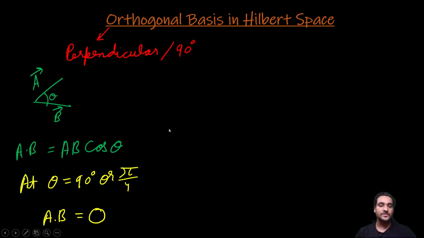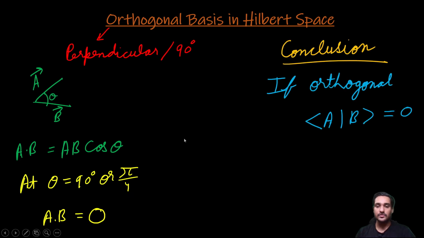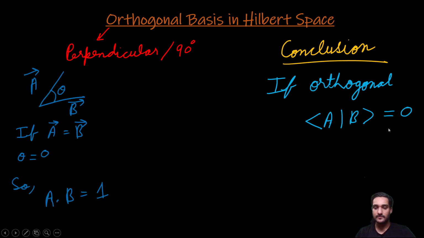This is a basic concept of Cartesian geometry to check whether two vectors are orthogonal or not. Same thing we are going to do in our quantum computing. So the conclusion is that if two vectors are orthogonal, then the inner product of those vectors will be 0. This is a very key concept of quantum computing and we will be needing it throughout.